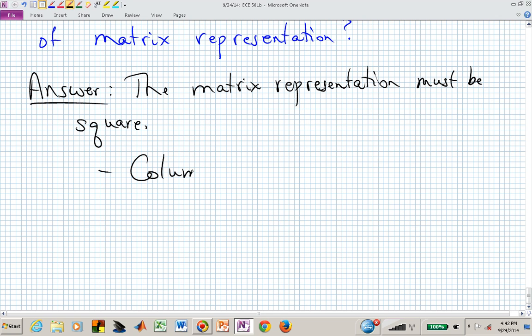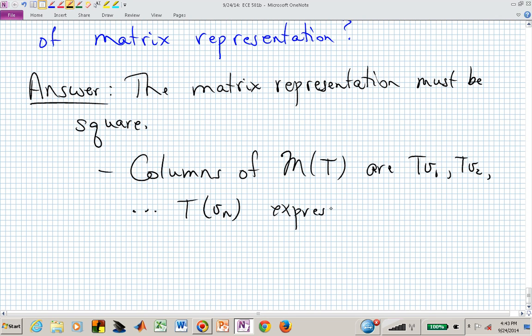Another way of thinking of that is that the columns of this matrix representation of a linear map T, those are Tv1, Tv2, up to Tvn, are represented by some linear combination of the basis vectors in our codomain.